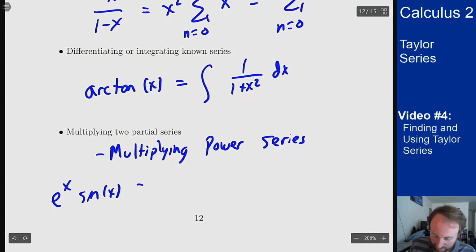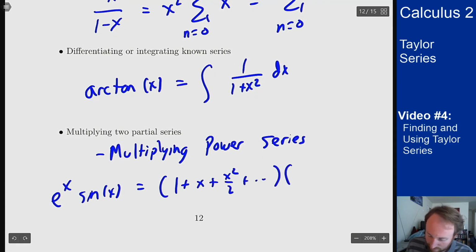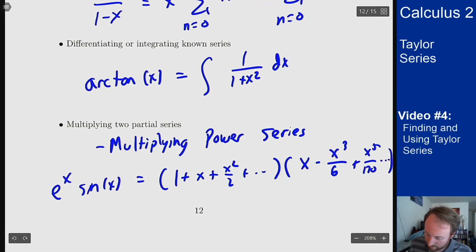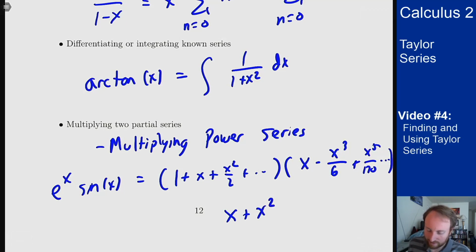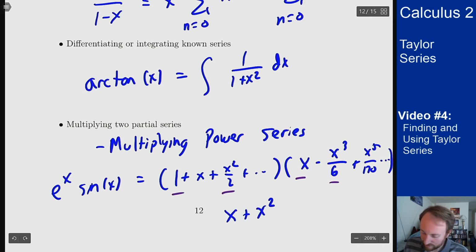This would be something like 1 plus x plus x squared over 2 times x minus x cubed over 6 plus x to the fifth over 120, and so on, which means this series starts with an x for the first term. For x squared, I can get that by just x times x. For x cubed, I can get that by the x squared here times this x, or this 1 times x cubed. They're going to be subtracted, so I will get x cubed over 3, and it continues like that.